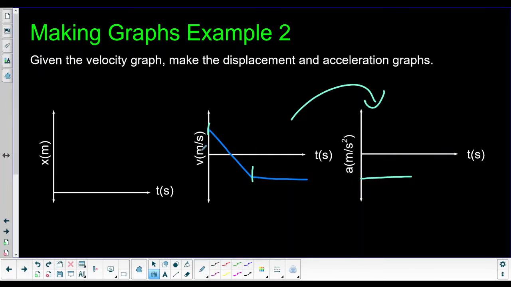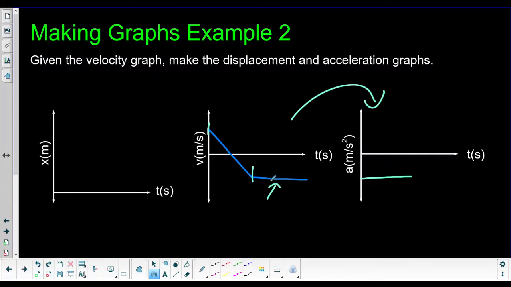Now here, even though velocity is not 0, we're moving in the negative direction at some constant rate. We're at negative 5 meters per second, negative 5 meters per second, negative 5 meters per second. So every second we're moving 5 meters backwards. Okay.